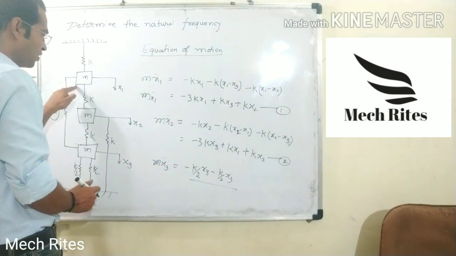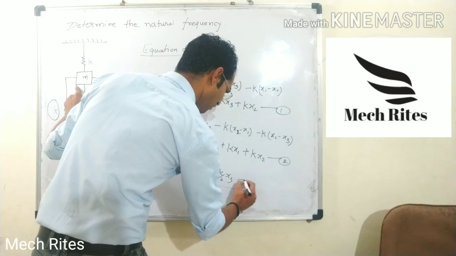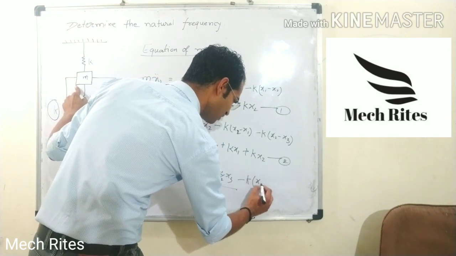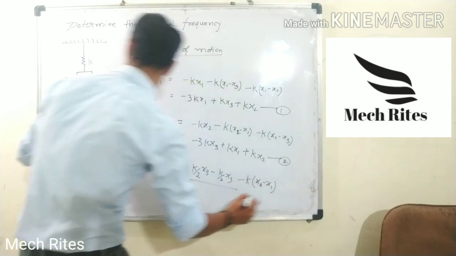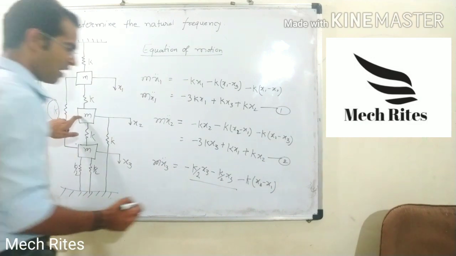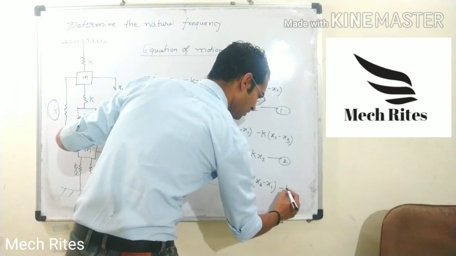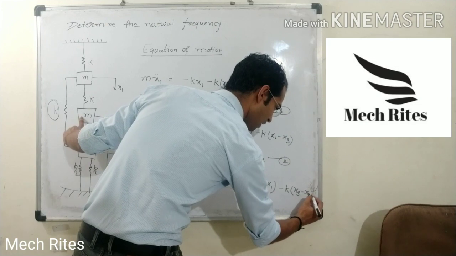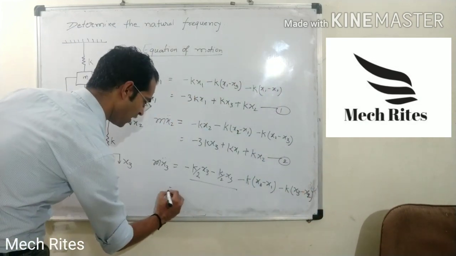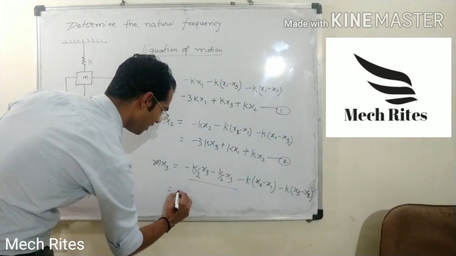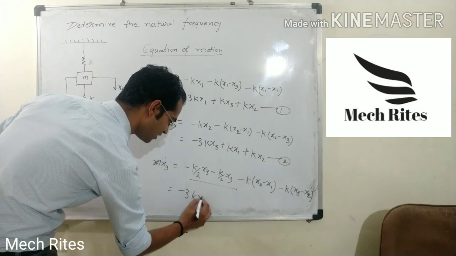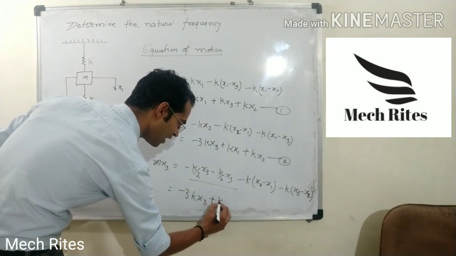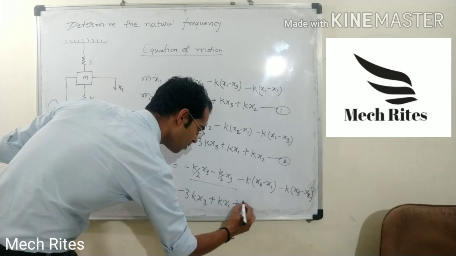Then it is connected with the x1, so first of all I will write minus k x3 minus x1, and it is also connected with the x2, so I will write here minus x2. So the final answer will be minus 3k x3 plus k x1 plus k x2.